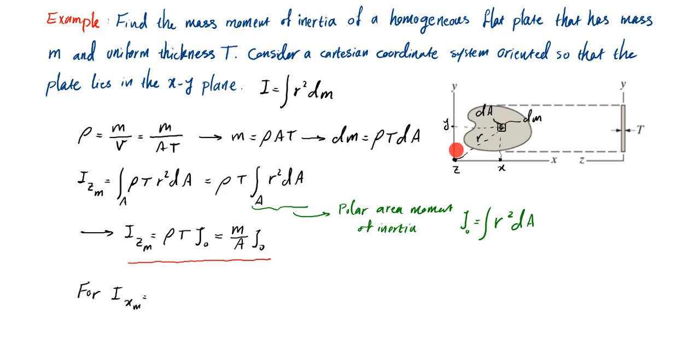So now the distance squared is y squared. That would be y squared dm. And the rest is pretty much the same story. We replace dm with rho t dA, and we have rho t integral of y squared dA over area.